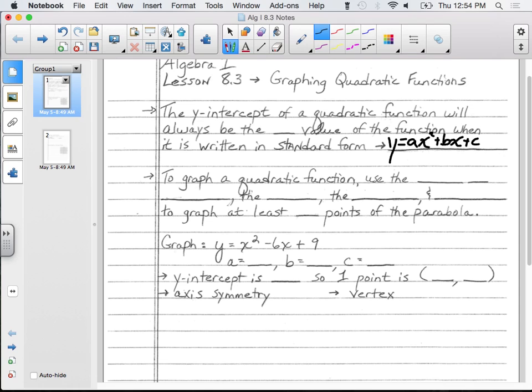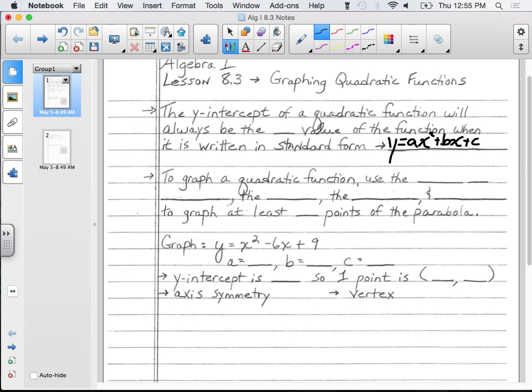Yeah, so it's any point on our graph where it crosses the y-axis. So what is the x value for any y-intercept going to be then? Kayla? 0, exactly. So for any y-intercept, x is always going to be 0. It can be any point on there.